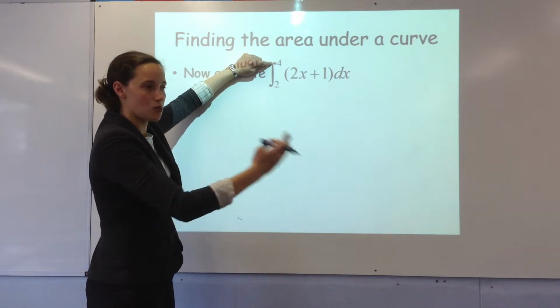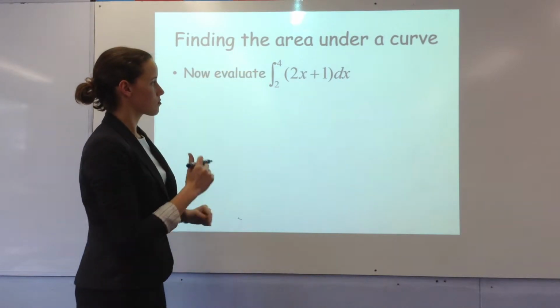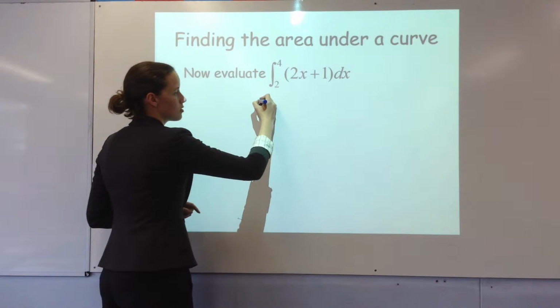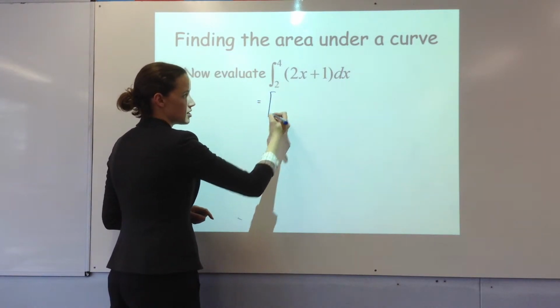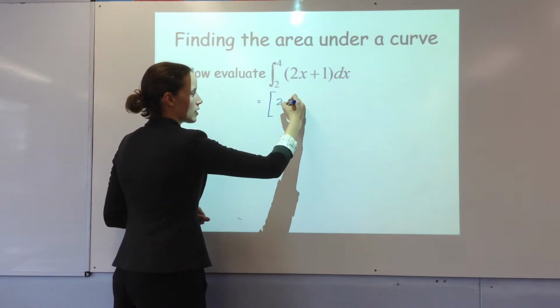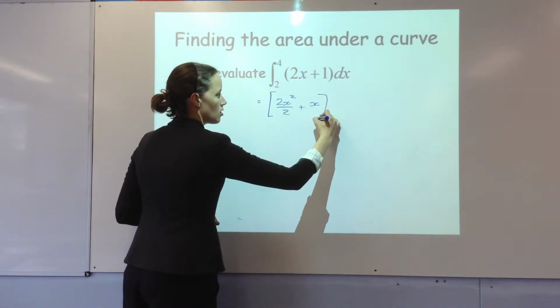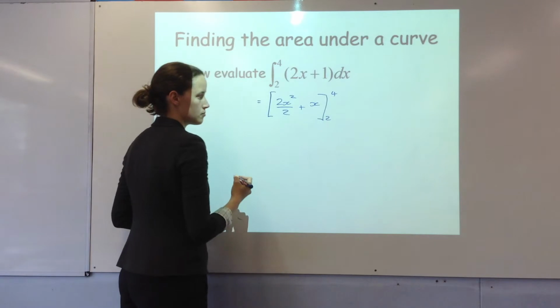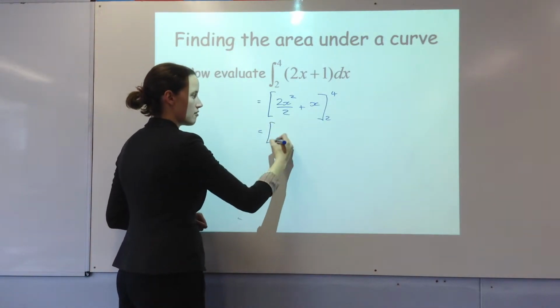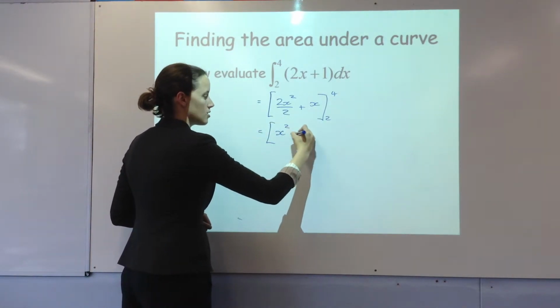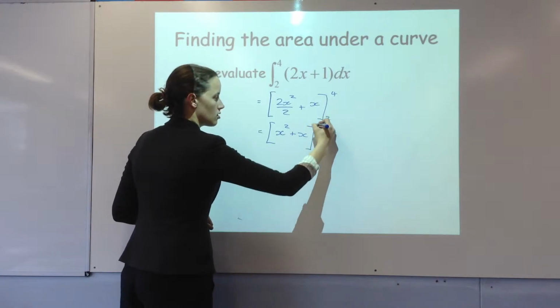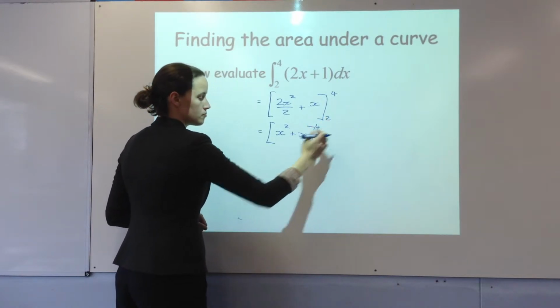Those were the lines that were bounding our region. So when we integrate it, we lose the integral sign: 2x squared over 2 plus x from 2 up to 4. Let's simplify that first. x squared plus x from 2 up to 4.